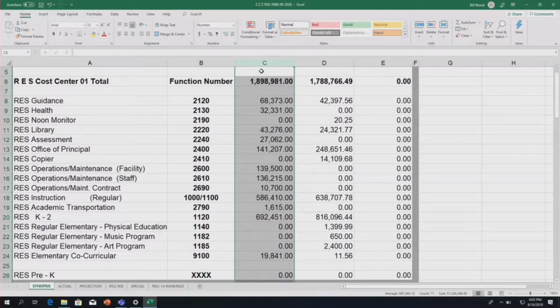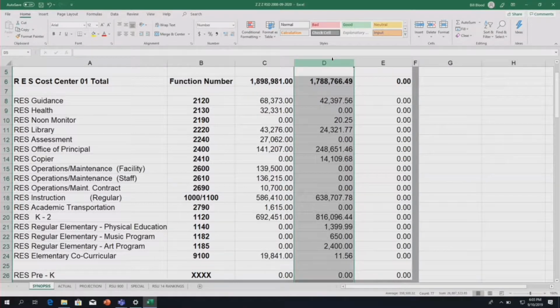Speakers all on. Right. So I'm pretty comfortable starting here. And then in this particular column, I was able to clearly identify numbers from the RSU 14 version 6, 2019-2020 budget that directly reflected to cost centers in Raymond.